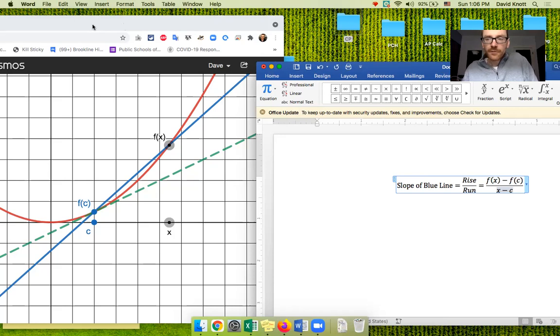But now, remember, my goal is not to find the slope of this blue line. My goal is to find the slope of the tangent line, which is the green dashed line, right? I'm making it dashed for all the colorblind folks out there. So the slope of the tangent line, that's the dashed line, is going to be what? So here's the idea.